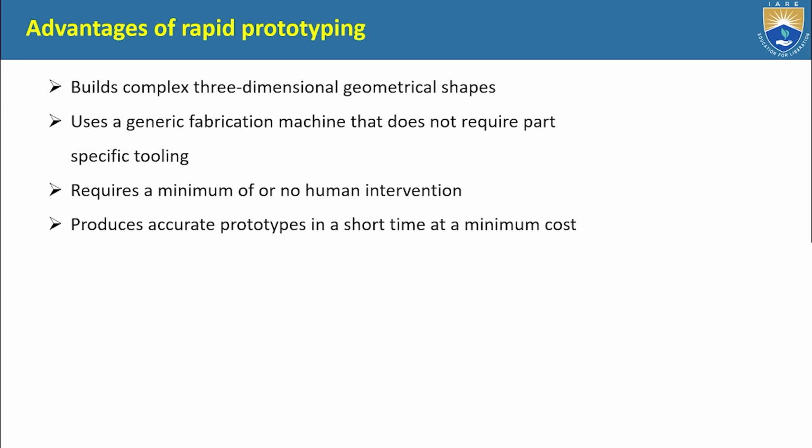Advantages of rapid prototyping: it builds complex three-dimensional geometrical shapes, uses a generic fabrication machine that does not require part specific tooling, and requires a minimum of or no human intervention.